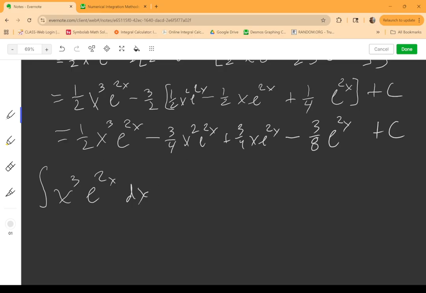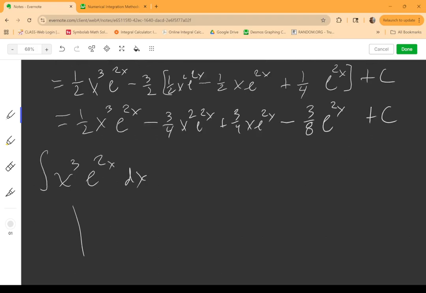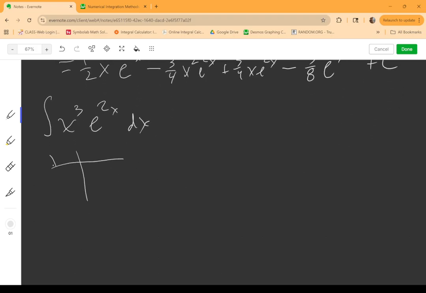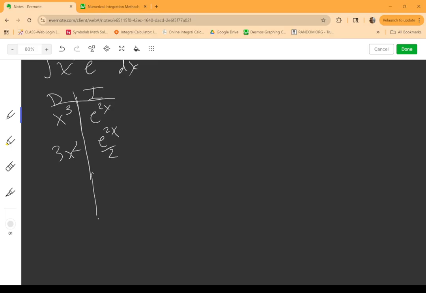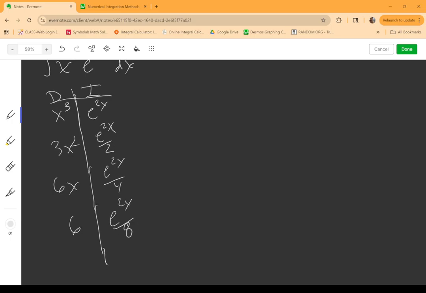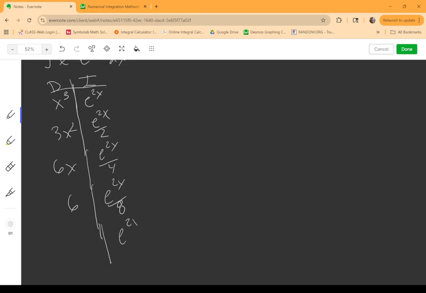But if I understood the techniques that I've been going through and understood how to apply them, then something like this, I could say, all right, looking at that, I know I can just easily set up my differentiate-integrate table here. x cubed, e to the 2x, and then each step of the way, e to the 2x over 2, 3x squared, and here we get e to the 2x over 4, 6x, one more, e to the 2x over 8, 6, and then lastly, e to the 2x over 16, and then 0.